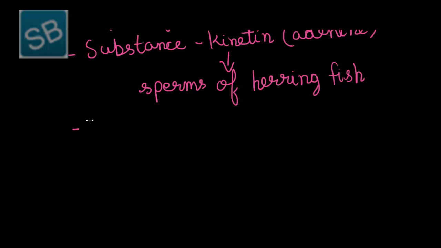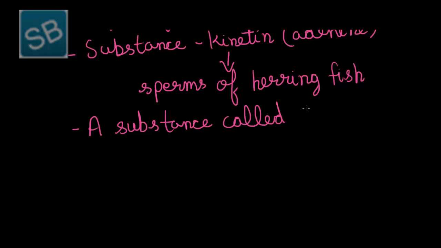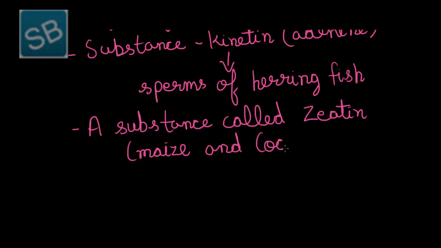After that, a substance called zeatin, which was naturally present within maize and coconut milk, possessed features and properties the same as those of cytokinin.